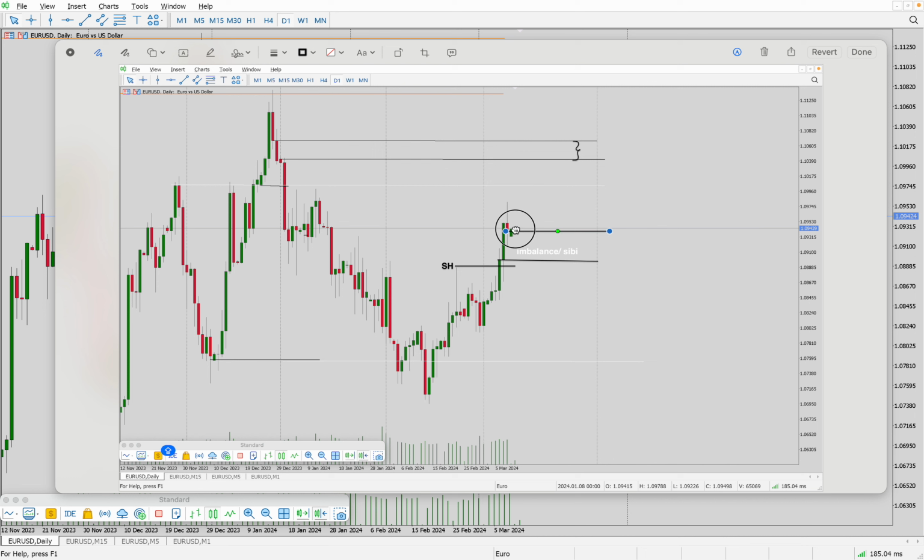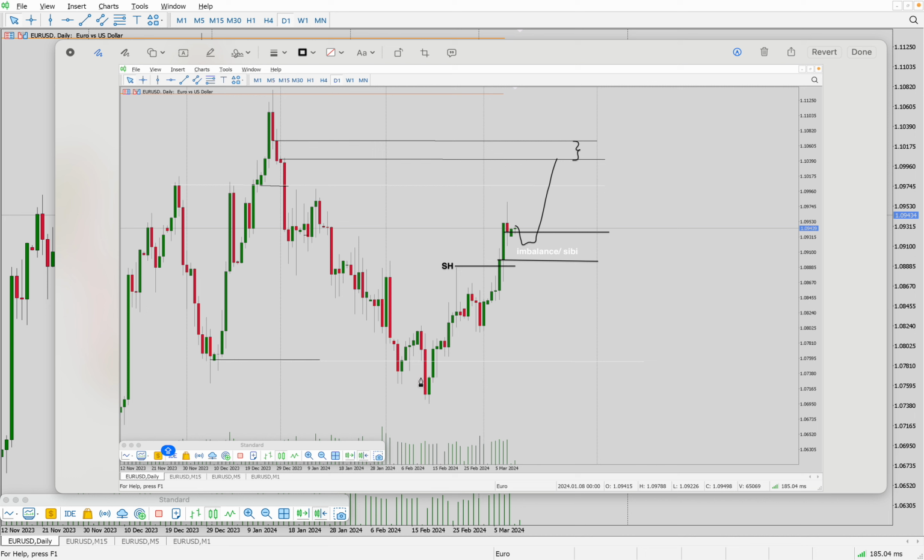Alright. I'm looking for price to trade into halfway of this structure like this. Right? And maybe it's going to rest in there. Then thereafter, I anticipate for price to move upwards as a variation of what I'm looking for.